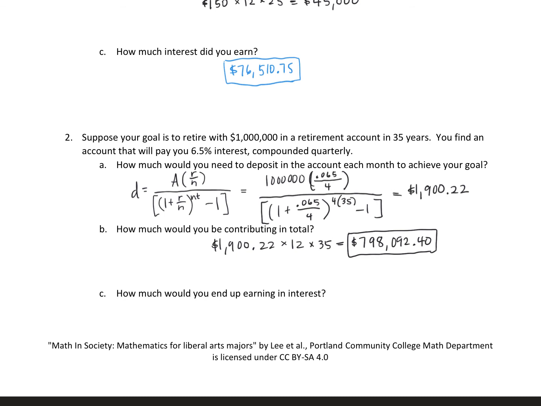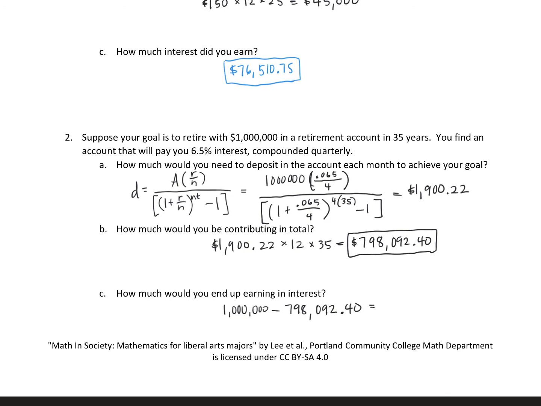To find out how much money you would end up earning in interest, that's part C, you would subtract your goal amount, which was the $1 million, by the amount that you had contributed. So you contributed $798,092.40.